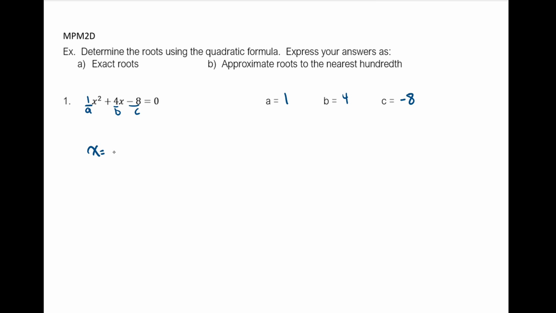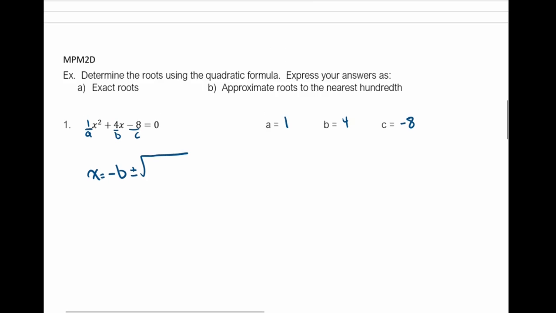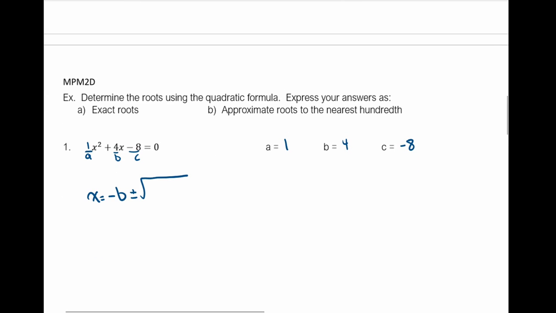Next, I'm going to write out my formula. X equals -b plus or minus the square root of b squared minus 4ac, all divided by 2a. Again, you don't have to worry about memorizing this. For any assignment or culminating task, you'll get your notes, and even on an exam, you would be given this formula anyways.